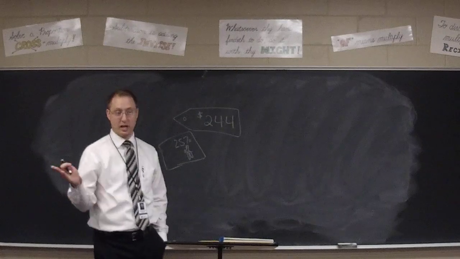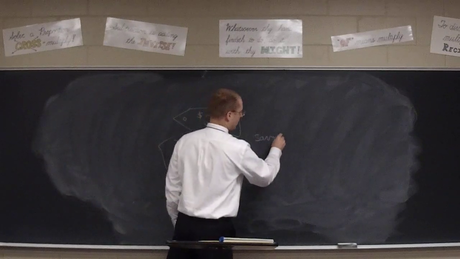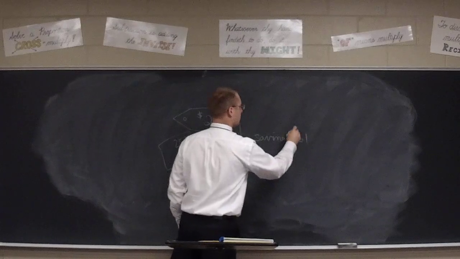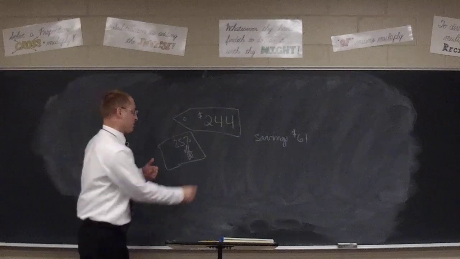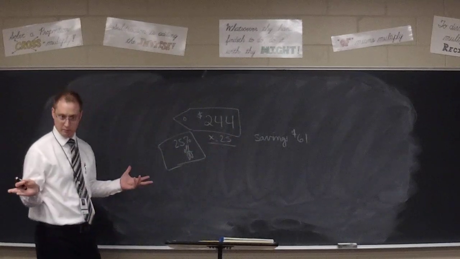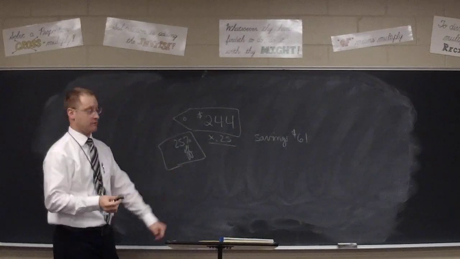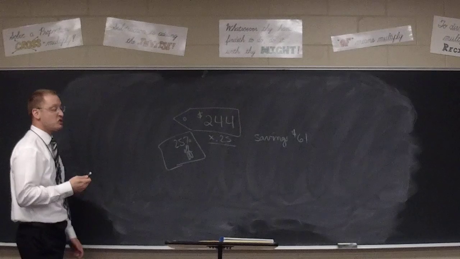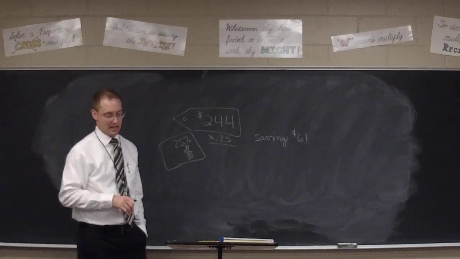All right, how much do you save, class? $61. Right? You say 25% off, you save $61. Just multiply 0.25 times 244. Super easy, right? Now, how much do you spend? What is the sale price before tax? We'll get to tax later.